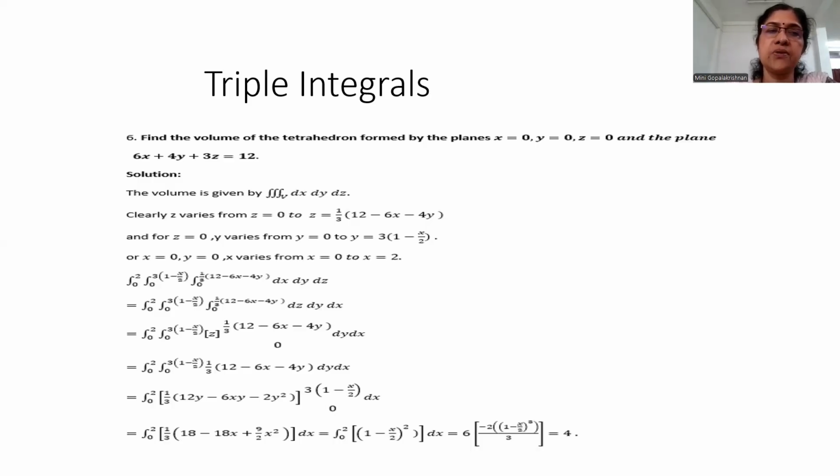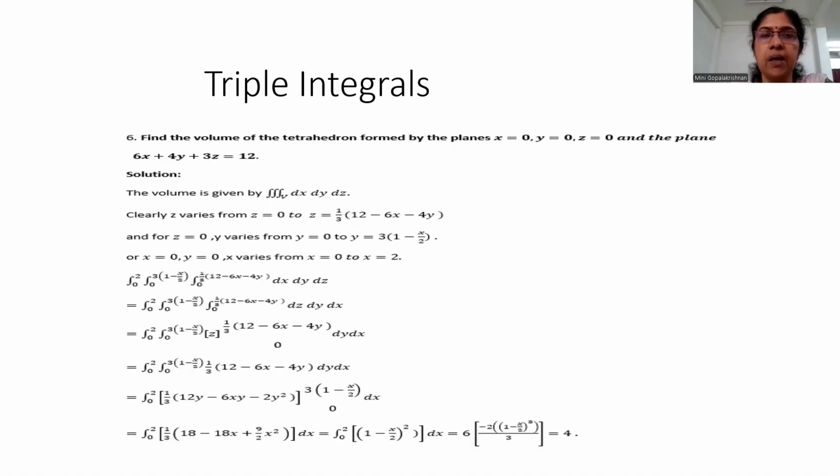Now, as soon as we integrate, z is lost. That variable is gone. Then it comes down to two-dimensional geometry. So hereafter, we take the z value as 0 and then take the limits of y. In the plane equation, when you put z as 0, the equation becomes 6x plus 4y is 12. So there, the y value will be (12 minus 6x) by 4.